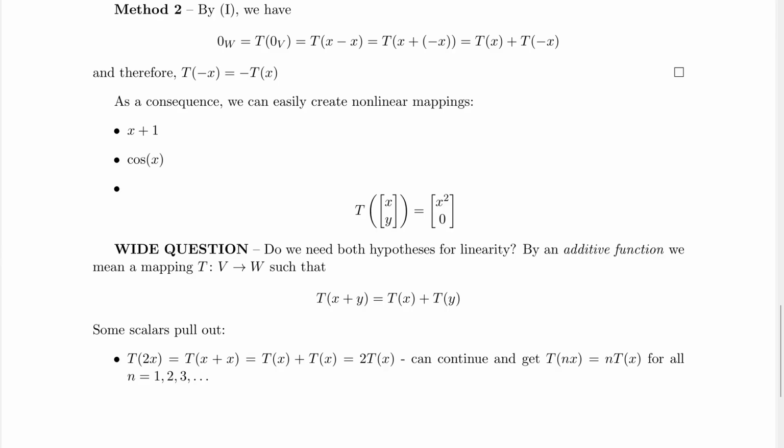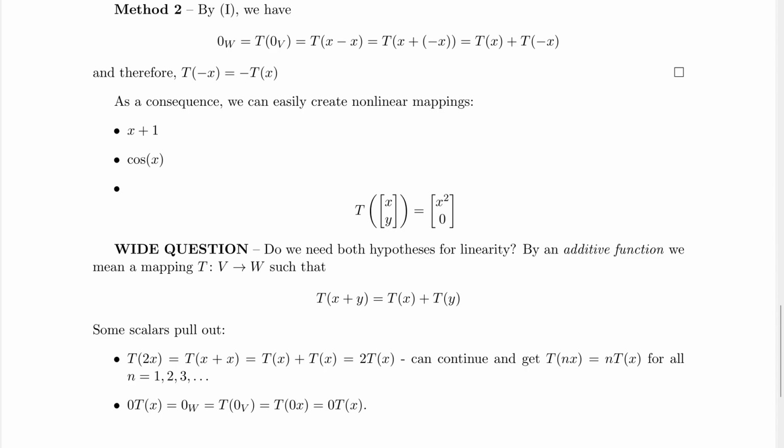And likewise, as we noted in our proof, you only need the additivity to show that the additive identity maps to the additive identity. So if you're an additive mapping, you know you're going to send 0 to 0, and that secretly means you can pull out the 0 scalar, as seen there.